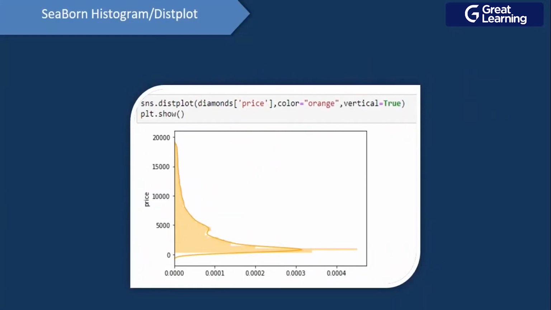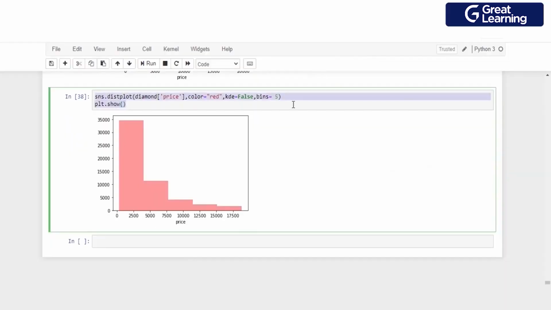And after this, let's say if I want to plot it on a different axis. So till now we've been creating this distribution plot based on the x-axis, but instead of having it based on the x-axis, if I want to map it vertically, then I would just have to set vertical to be equal to true.